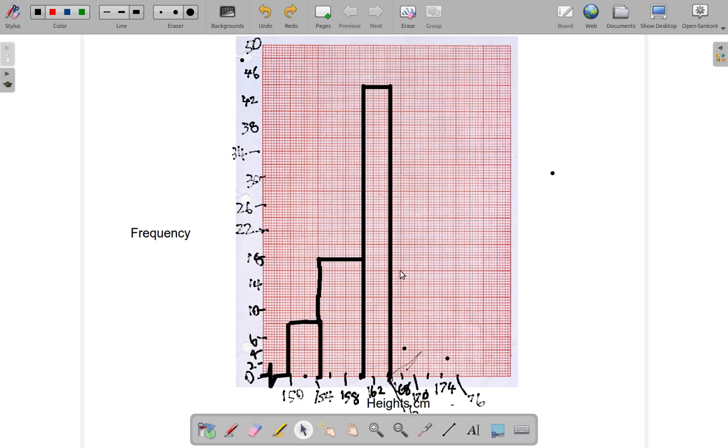So it's the same line. And it goes up to 29, just a little below 30. Let me put it clearly under 30. To 169. This is at 170.